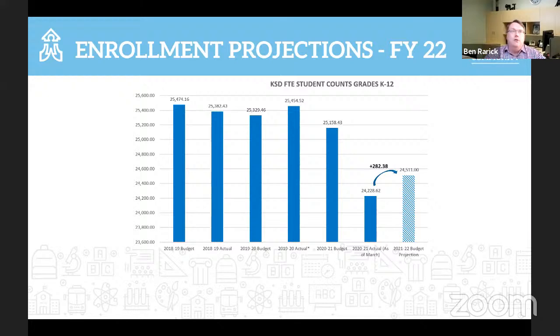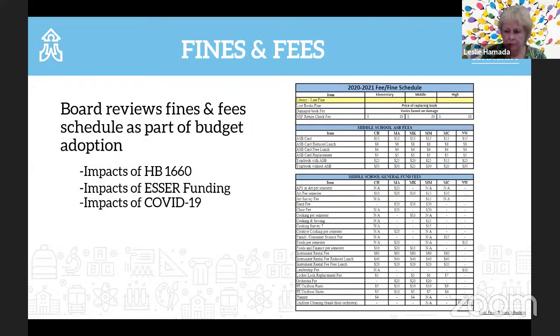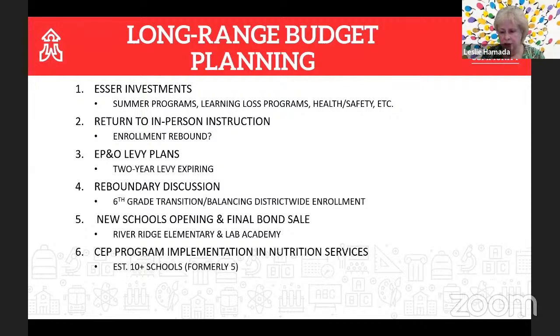Sometimes when enrollment goes down, you don't necessarily reflexively have to reduce staff if you're able to maintain at the current enrollment level. So we're in very good shape, and we've kind of earned a little bit of margin of error, if you will. But Mr. Rarick, correct me if I'm wrong, your expenses have gone down too to allow that, right?